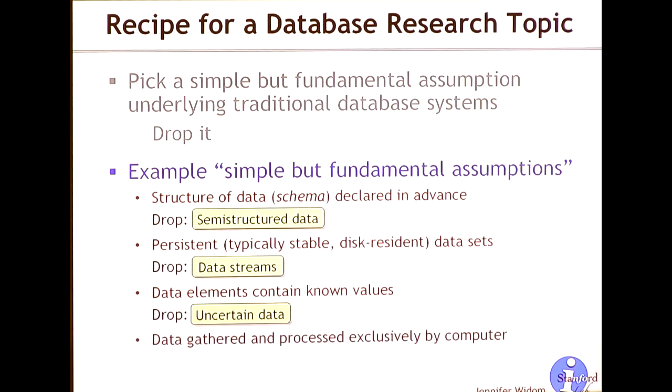And the last one I've been working on recently says there's an assumption that data is processed and gathered by computers. And of course, that's the predominant mode. But sometimes data needs to be gathered by humans. Or sometimes humans need to do certain things with the data. Sometimes you might have two pieces of data, say two objects, where really a human is the only one who can tell you whether those two objects are the same.